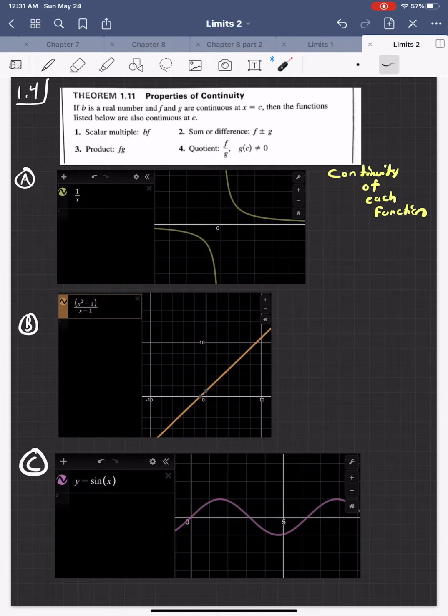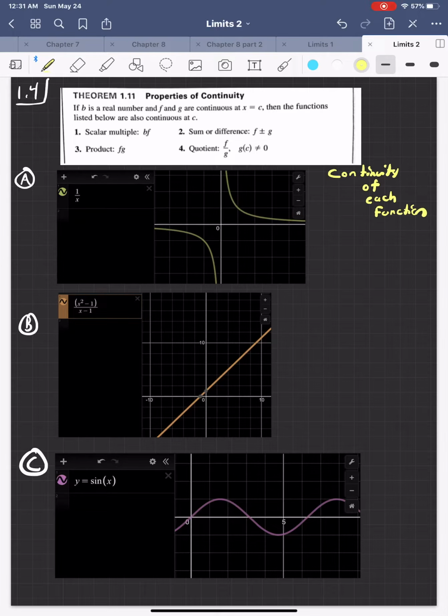Looking at the function 1 over x, let's agree that this graph is everywhere continuous, except at one x value. X cannot be 0. So let me make a statement here.